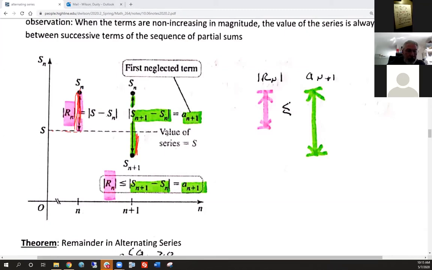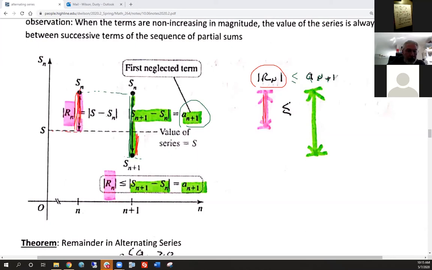And that remainder, or at least its magnitude, is always less than or equal to the distance between the consecutive terms. So here's the Sn dot, here's the Sn plus 1 dot, and so the red length is always less than or equal to the green length, and that green length is equal to An plus 1. So we get that the absolute value of Rn is always less than or equal to An plus 1.